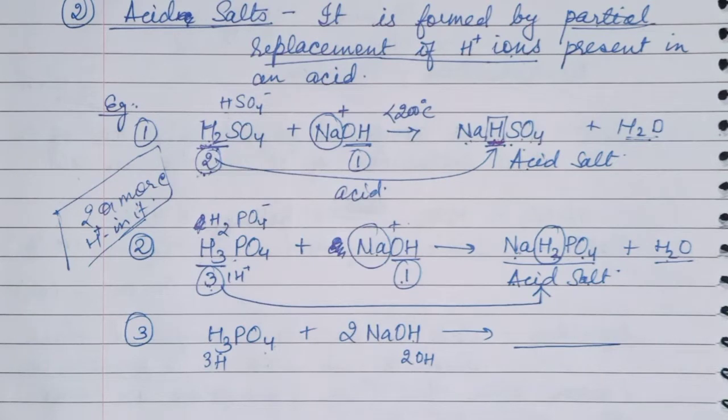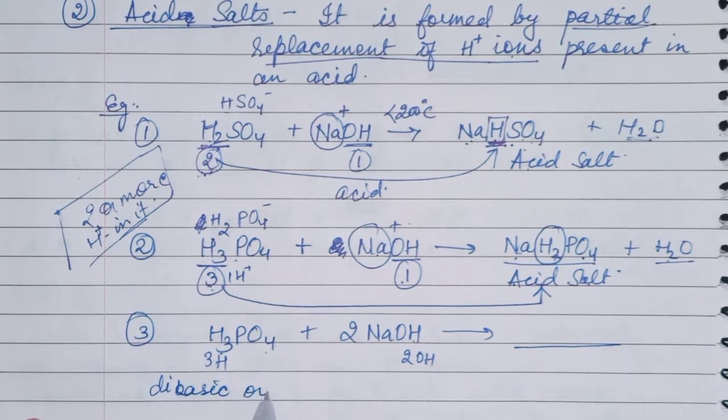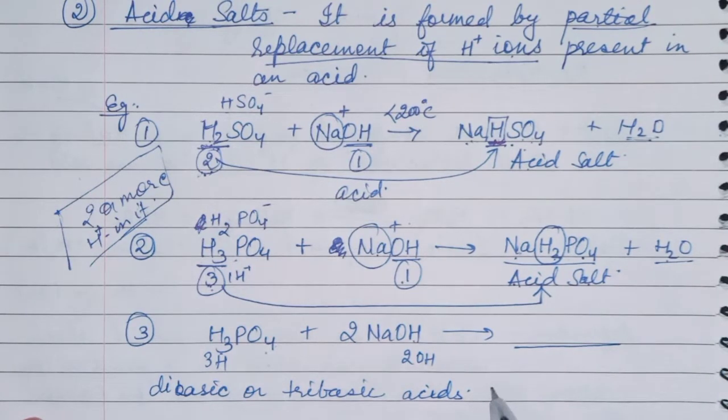And one thing you have to note: acidic salt is formed by dibasic or tribasic acids only. Basicity you have learned in video number 2. You have to refer to that. So give me the answer for this.